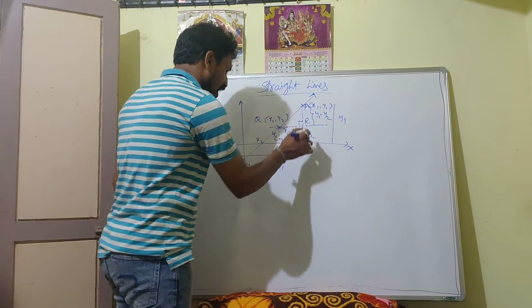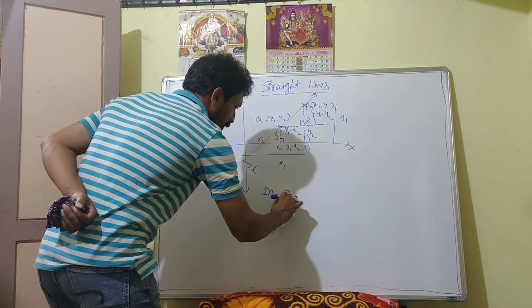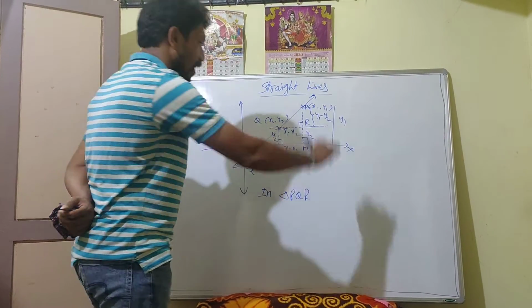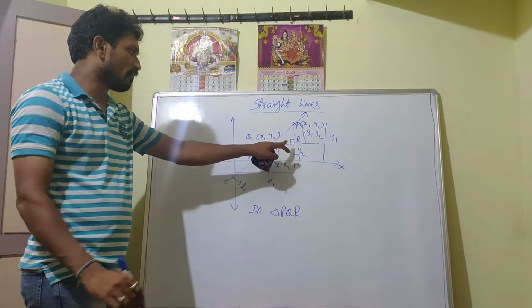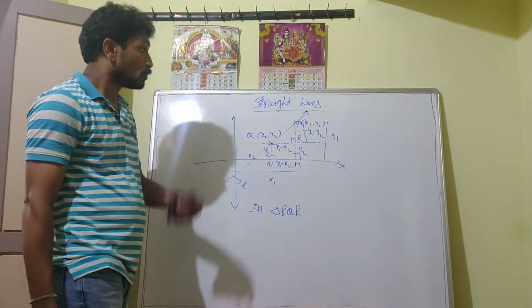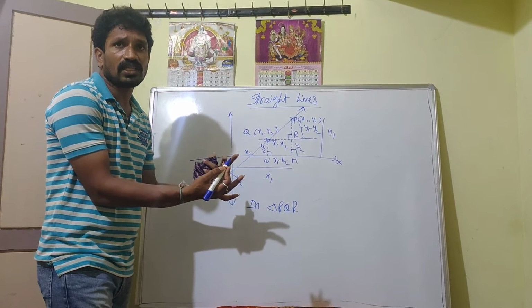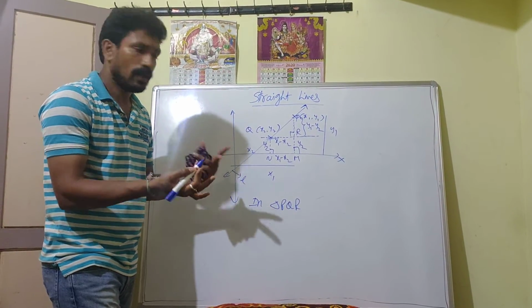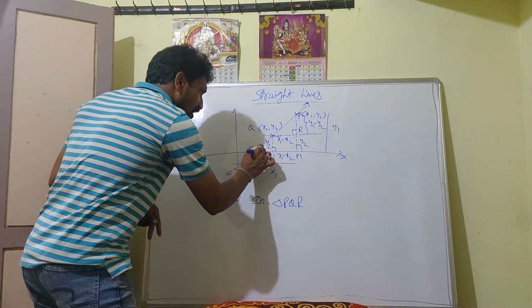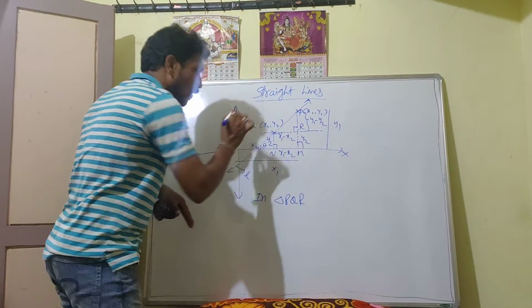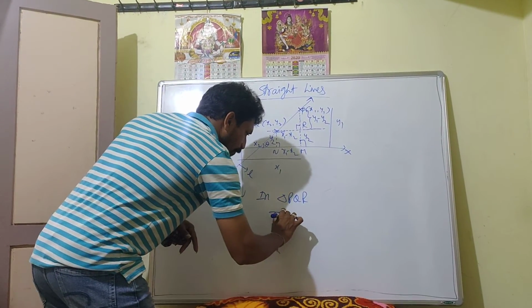Now in triangle PQR, from the above diagram, it is a right angle triangle. We know very well, whether you know the inclination or not, let us consider this inclination is theta. Then what is the slope? Tan theta.